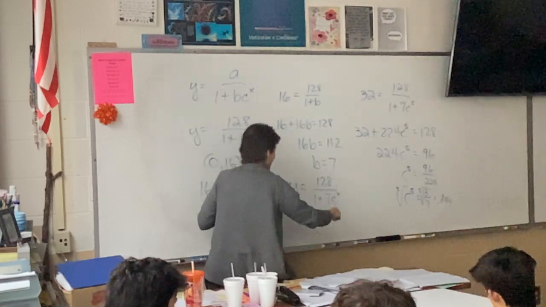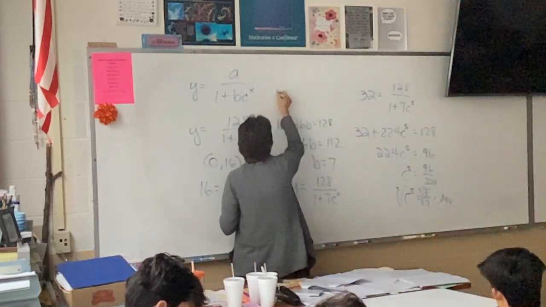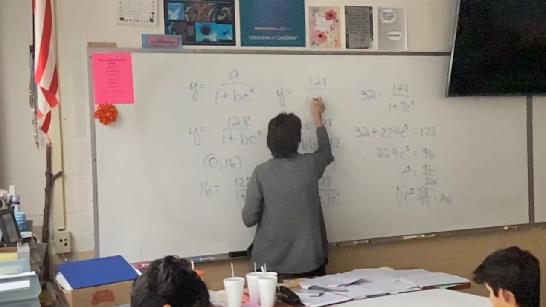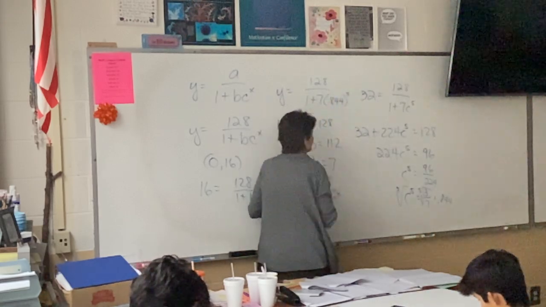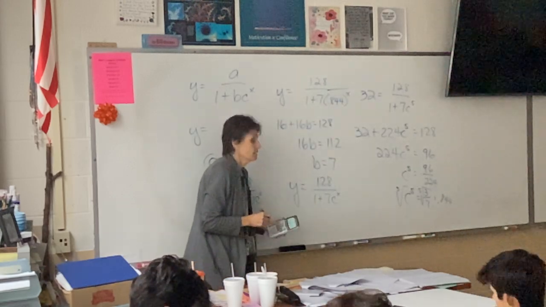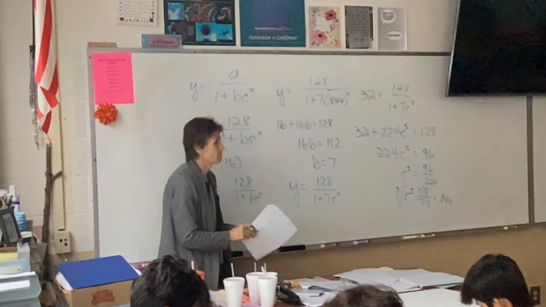The final answer is going to be y equals 128 over 1 plus 7 times 0.844 to the x. Guaranteed test question.